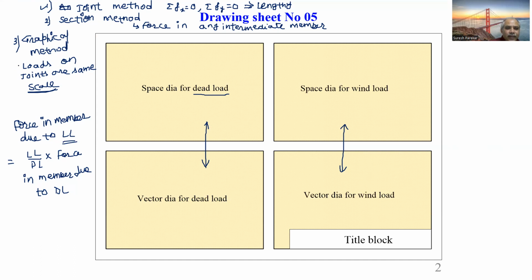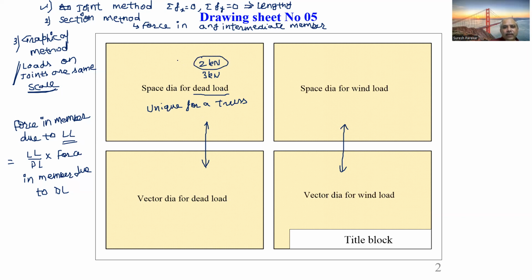Now in the graphical method, suppose our value of dead load is wrong. Suppose we calculated the value as 2 kilonewton, and after showing it to your teacher, he points out a mistake and the value becomes 3 kilonewton. Then the graphical method is unique for a truss, if your loads are in the same way.